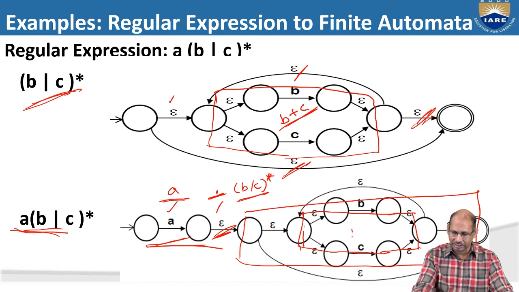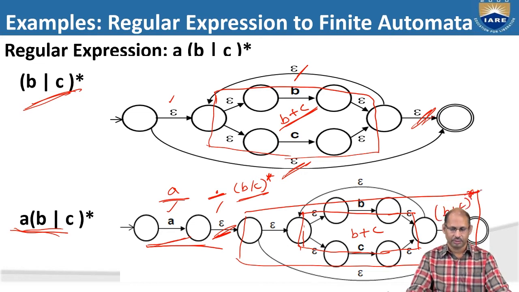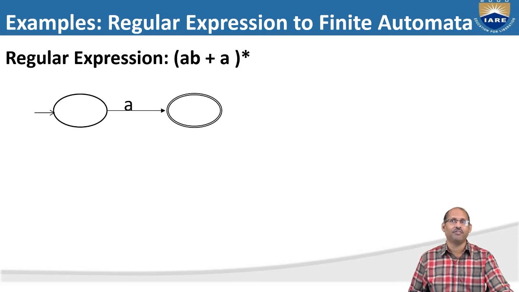This part is B plus C, and here this one results in B plus C closure. This is the conversion of the regular expression to the respective finite automata. Now we'll see one more.